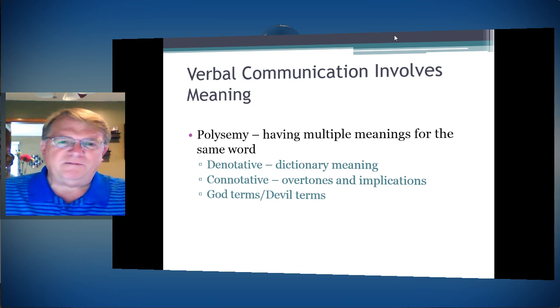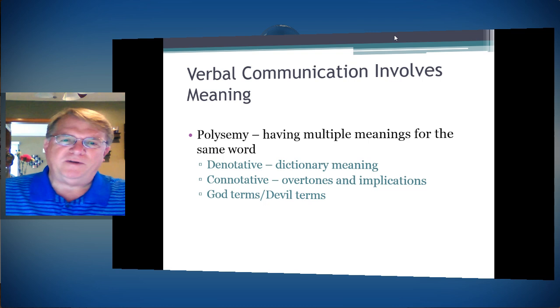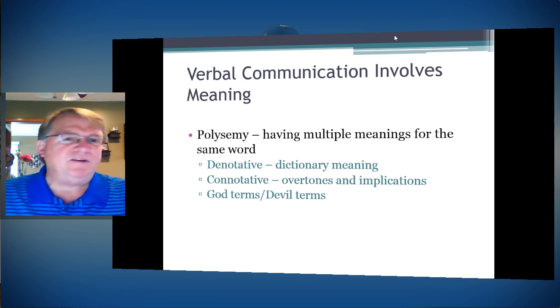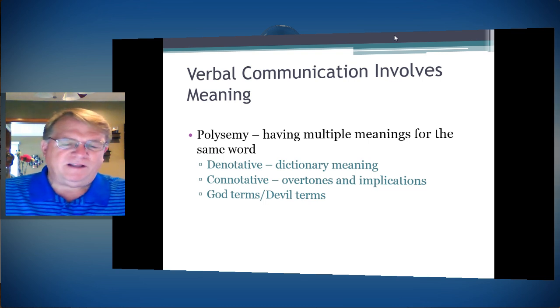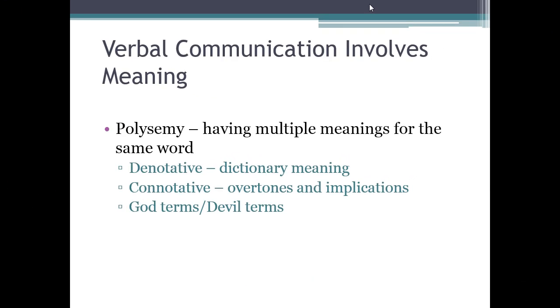The same thing could be said with a lot of other words that are used in our social interactions with one another. So just understand that that's part of this. You have denotative, which is how it's defined. Connotative is how we understand it, and that all depends a lot of times on relationships as well as situations.